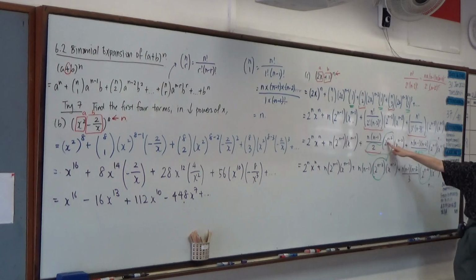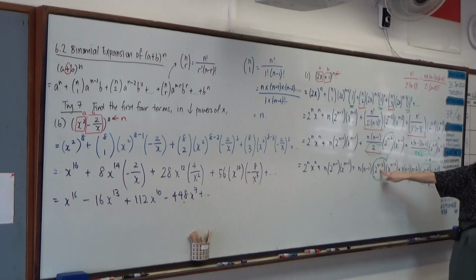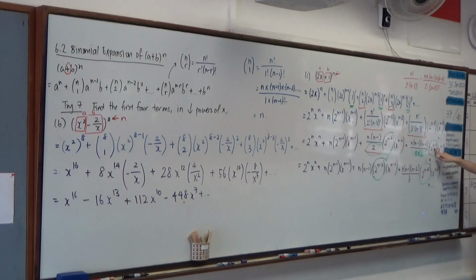So this is 2 to the power n minus 2. We're dividing by 2, so n minus 2 has to become n minus 3. Likewise over here, power of n minus 3 divided by 2, or minus 1, becomes n minus 4. So at this stage, this will be the simplest form already.